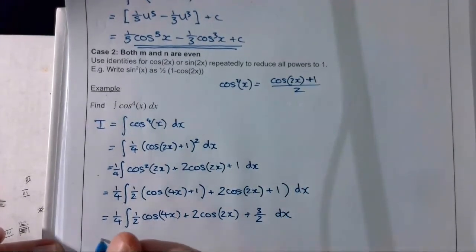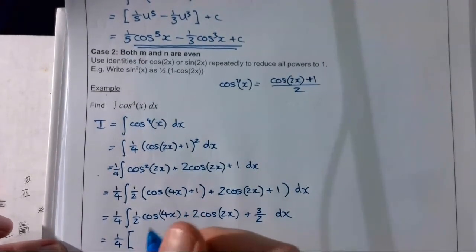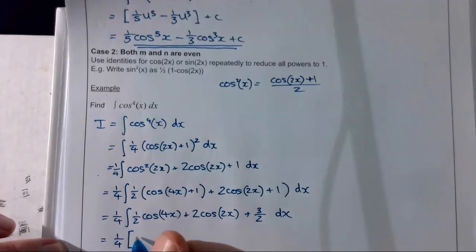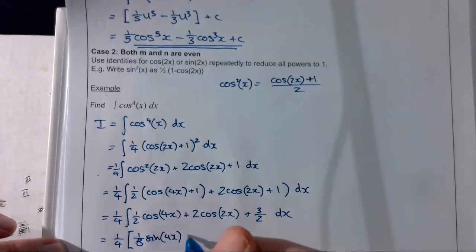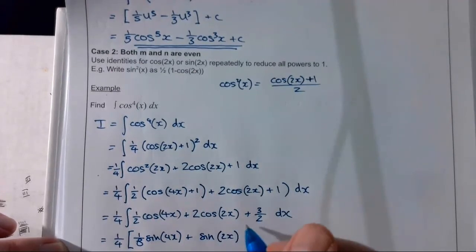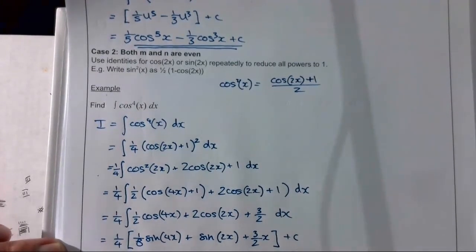I integrate all of this with respect to x. So what have we got? A quarter times an eighth sine of 4x. Then from this one, the 2 is actually correct, so this is just going to be sine of 2x, and this last term here, just 3 over 2 x plus c.